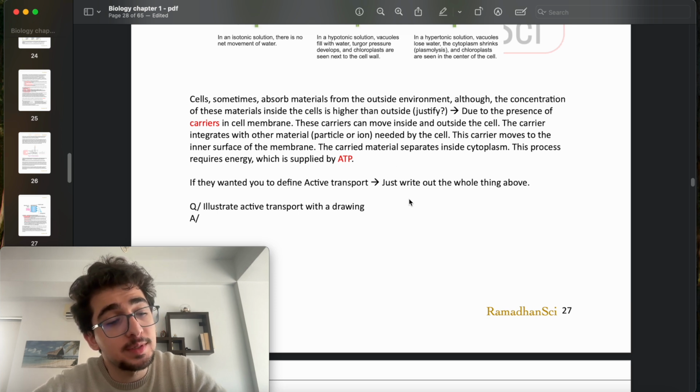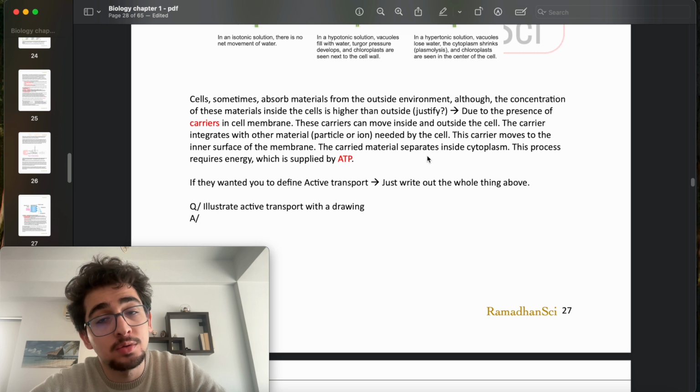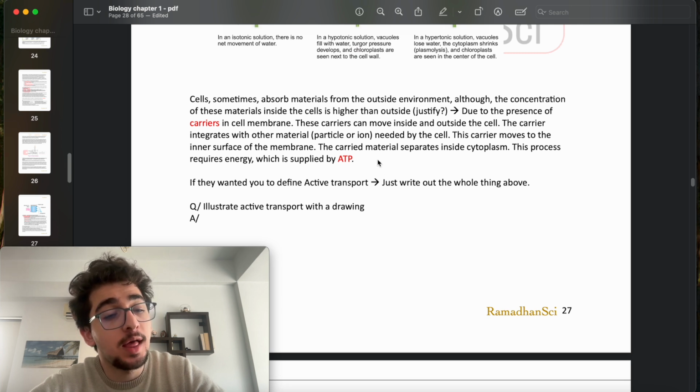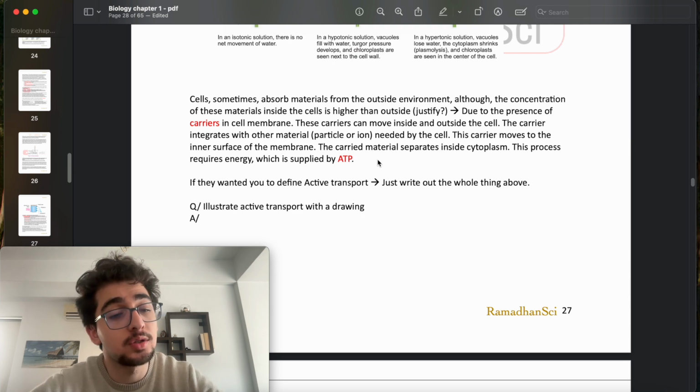So the typical movement here, that you can imagine as we had in diffusion, is that the solutes will diffuse from inside to the outside. But here, we can have the opposite. We can still have the solute movement from the outside, which is low concentration, to the inside, which has high concentration of solute.